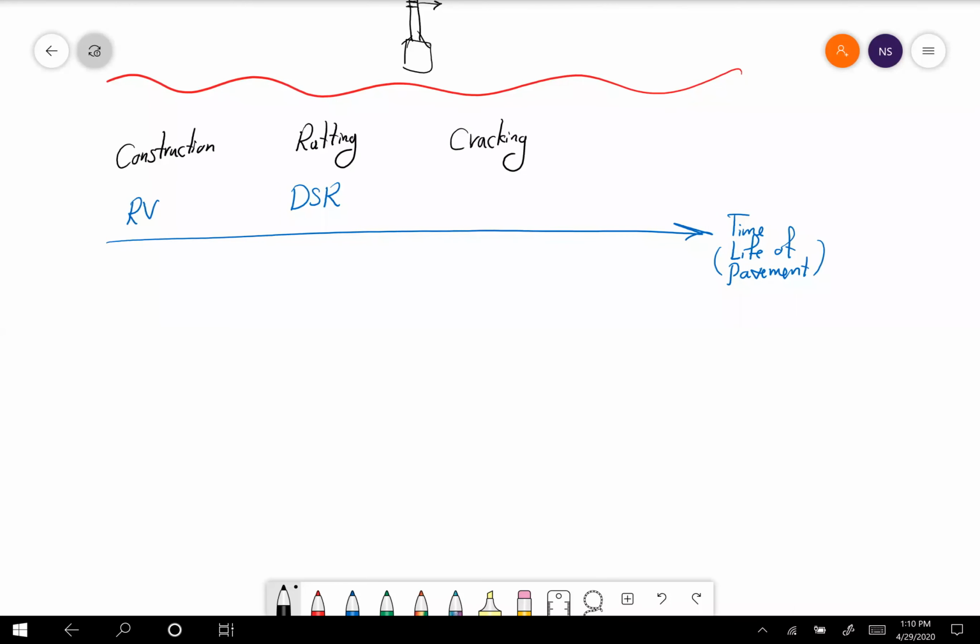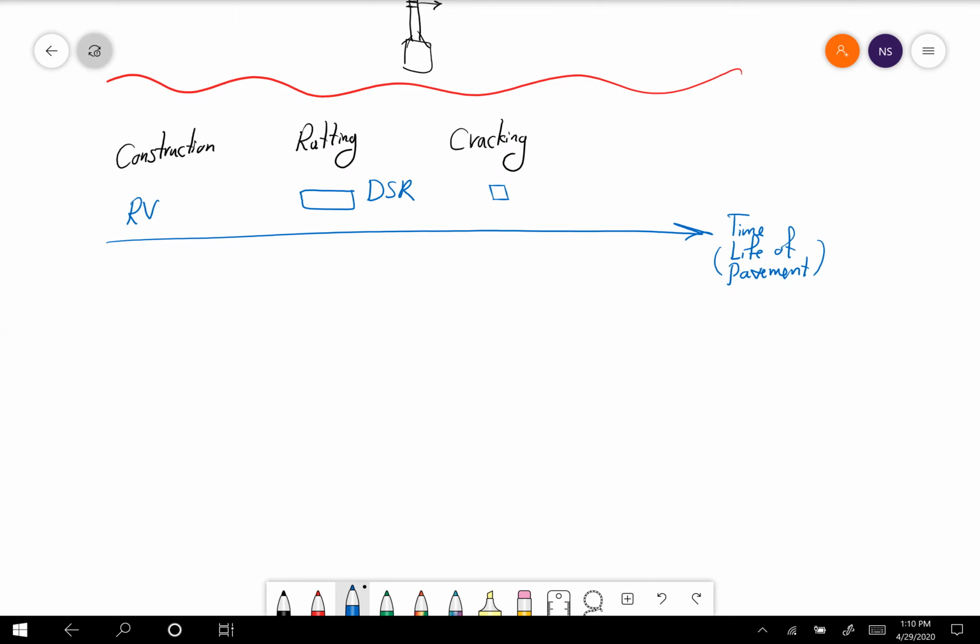So DSR is actually coming between these two, for both of these. The type of sample that you're using is going to be different for these two.